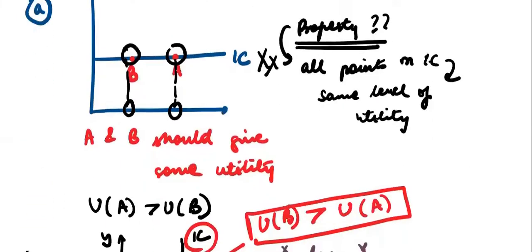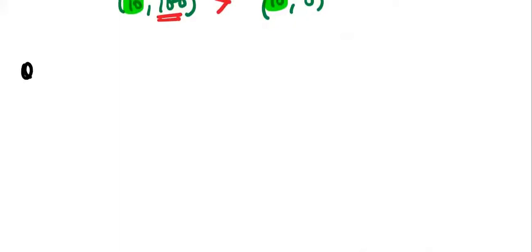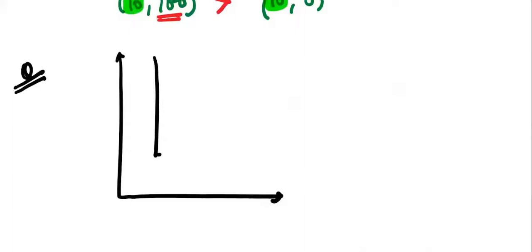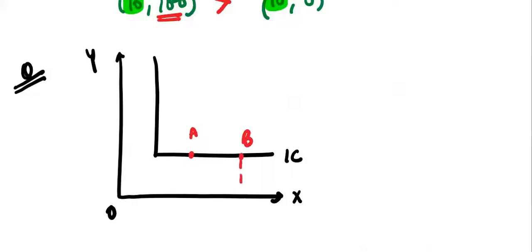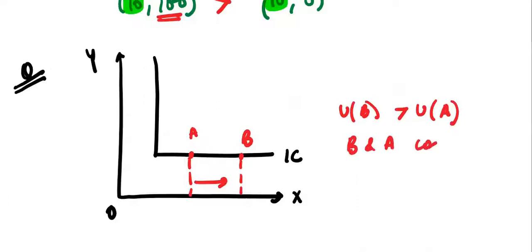Now, let's come to the last option: the L-shaped curve. I am going to draw the indifference curve like this. Again, it's very simple. This is good X, O, Y. Take any 2 points, point A and point B. B has more X than A. So utility from B should be greater than utility from A. So B and A cannot lie on the same indifference curve.